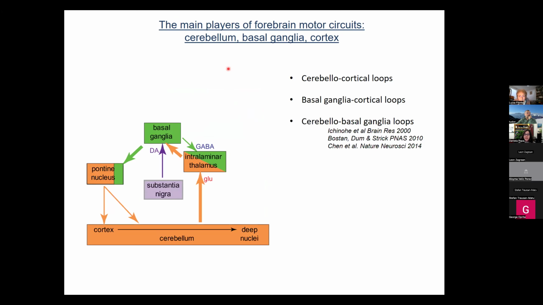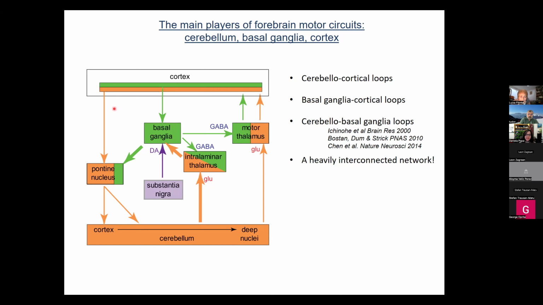And more recently, it has been shown that there are cerebello-basal ganglia loops. And in this case, the cerebellum projects to another part of the thalamus, which is called intralaminar thalamus, such as centrolateral or parafascicular in rodents, and this thalamus will project to the basal ganglia.